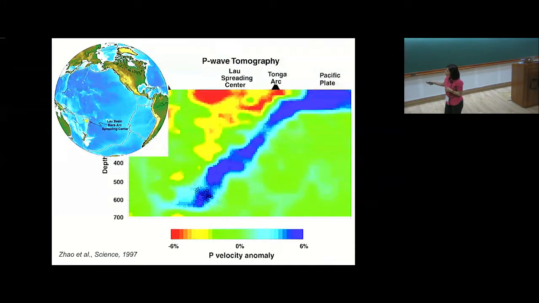So this blue color tells you that this is a very fast region, which means that the seismic waves traveling through this region will travel much faster than the surrounding regions. While the red color shows you slow regions, which means the seismic waves traveling through these regions would slow down. And we also know that the velocity can give us an indication of the density structure, which means that if your velocity is high, your density would also be high.